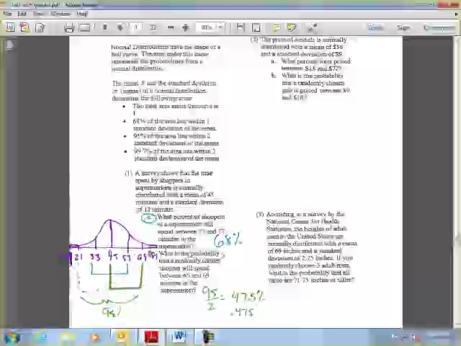All right, so for number 2 then, we want to make our graph. The mean is $36, and our standard deviation is $9. So we're going to count away by 9s.